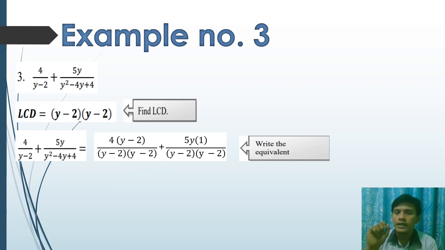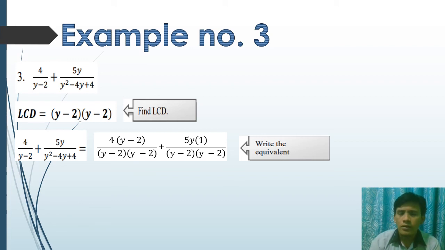And the other side, the LCD will be divided by y squared minus 4y plus 4. Remember, y squared minus 4y plus 4 can be factored into the quantity y minus 2 times the quantity y minus 2.